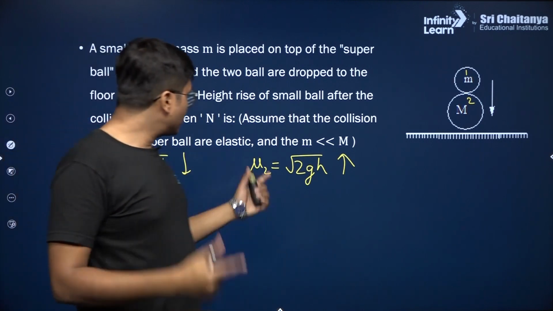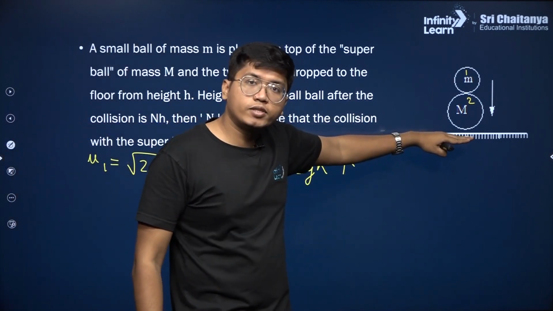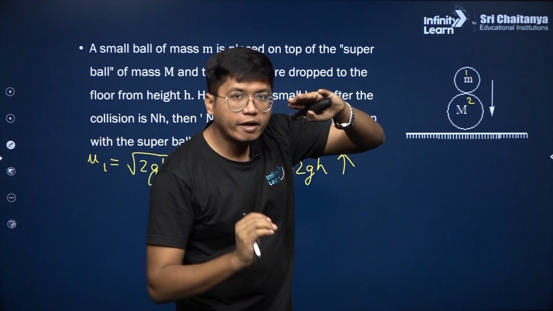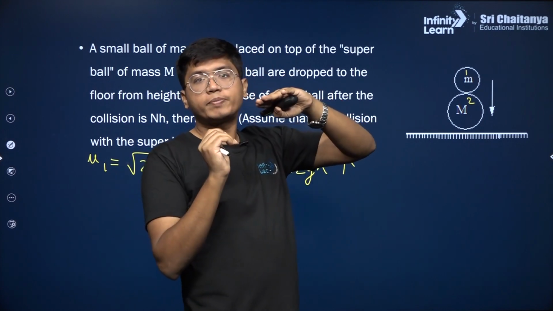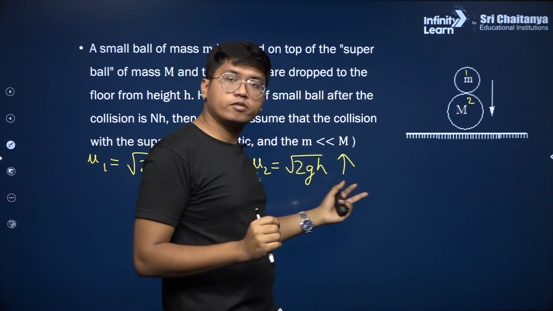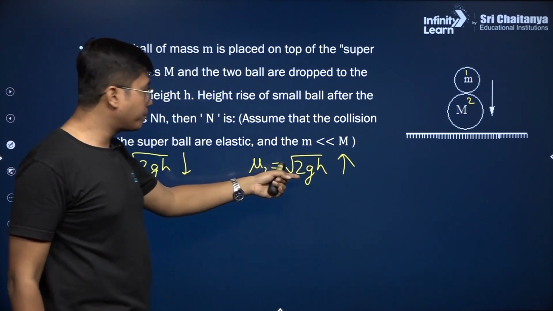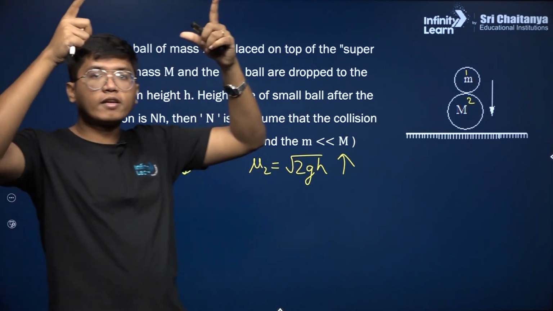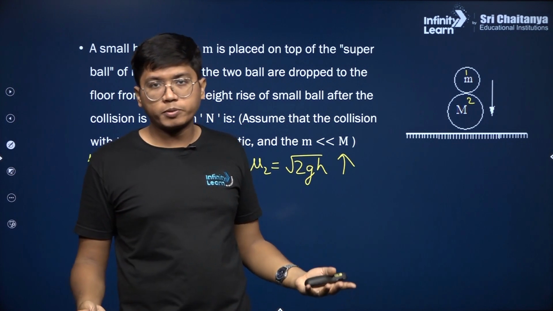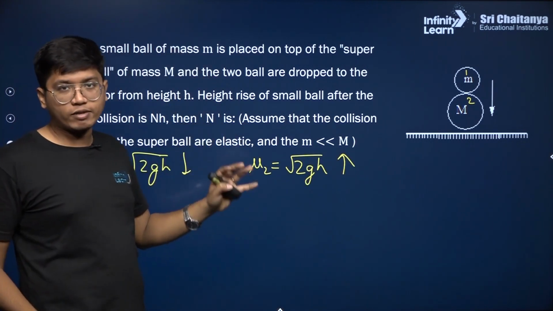Why? Because with root 2gh, it just hit the surface, and since it's perfectly reflected back, it will be reflected back with the exact same speed. So just its direction will be changed. And they have the same speed, because we know that the speed of any object falling through a height is always going to be the same, because the acceleration due to gravity is the same.